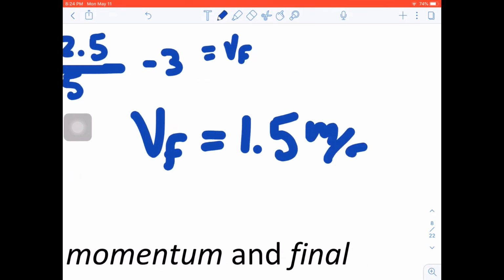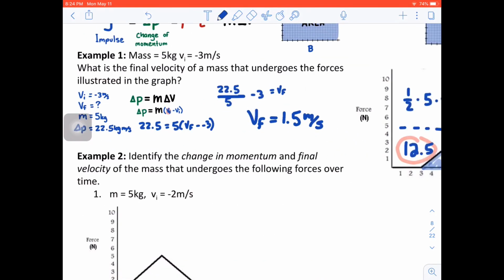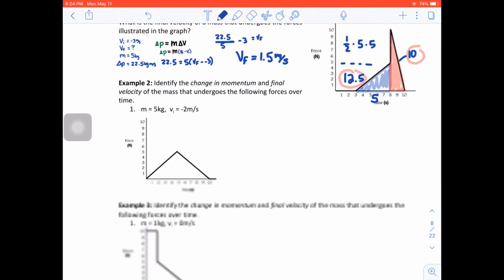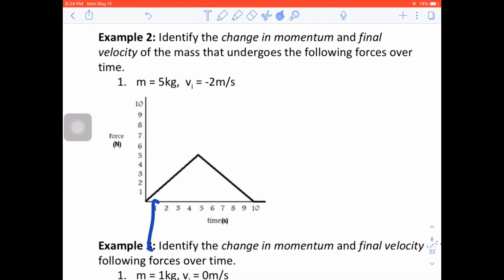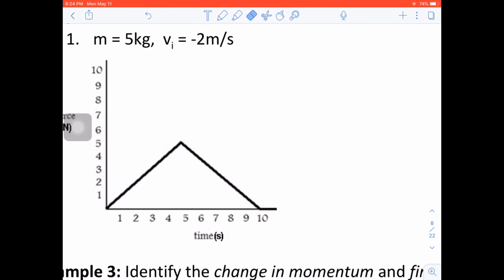Hopefully that was easy enough. Let's do another one. Okay, next example. Identify the change of momentum and the final velocity of a 5 kilogram mass that undergoes the following forces with an initial velocity of negative 2 meters per second.